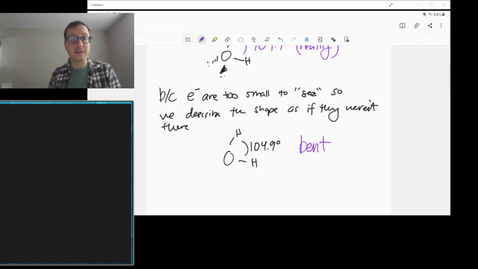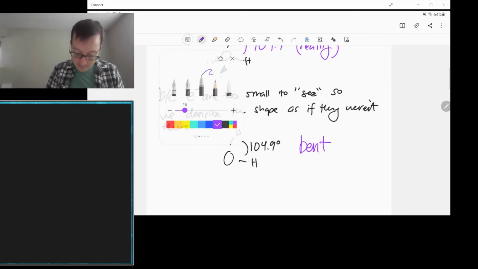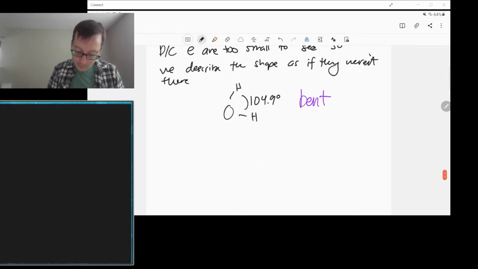So we use this molecular geometry to distinguish atoms only versus atoms and lone pairs. Atoms and lone pairs is electron geometry. Atoms alone is molecular geometry. As soon as you have a lone pair on your central atom, all it takes is one, your molecular geometry will be different from your electron geometry. For CH4, they're the same.